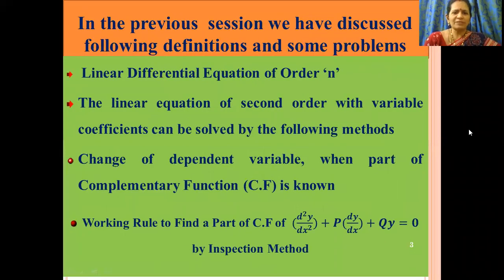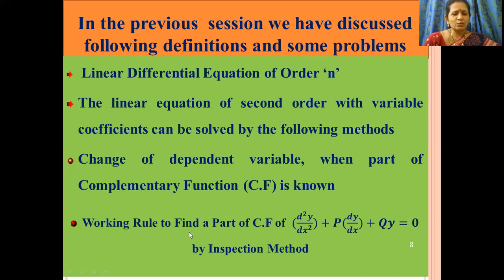Now, in the previous session, we have discussed the following definitions and some problems. Linear differential equation of order n and the linear equation of second order with variable coefficient can be solved by the following methods. One is the change of dependent variable when the part of complementary function is known.